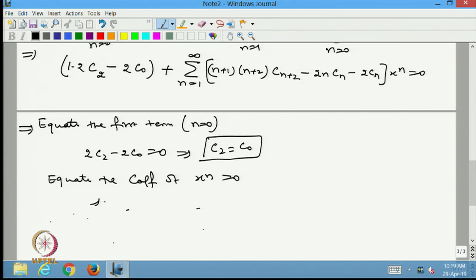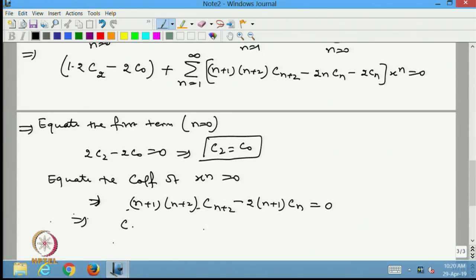So, from here I will get n plus 1, n plus 2 C n plus 2 minus, so this is my 2n and this is my 2, so I can write minus 2 n plus 1 Cn equal to 0, which further can be reduced to this.